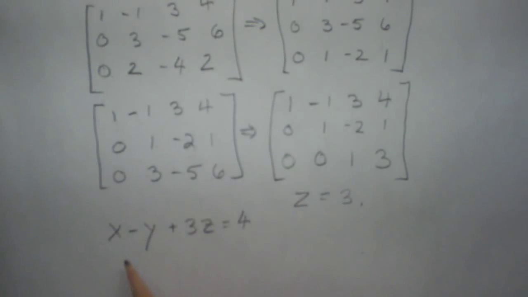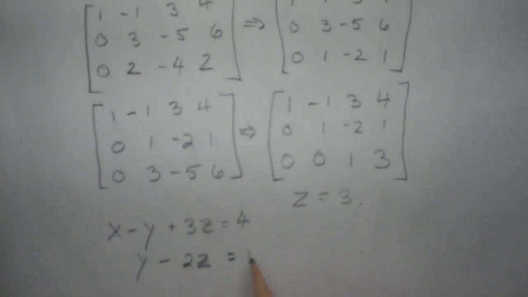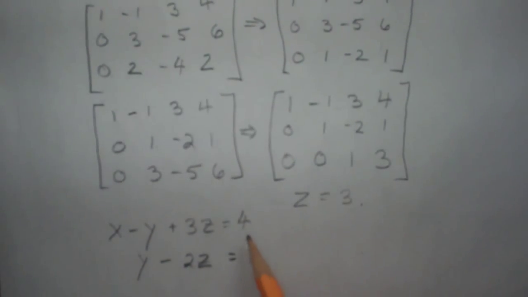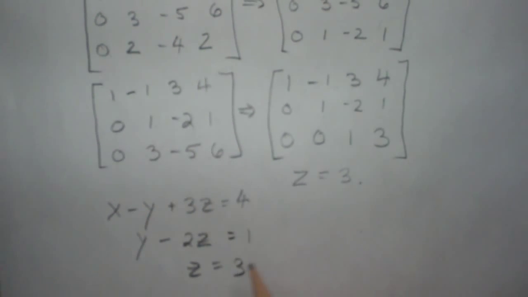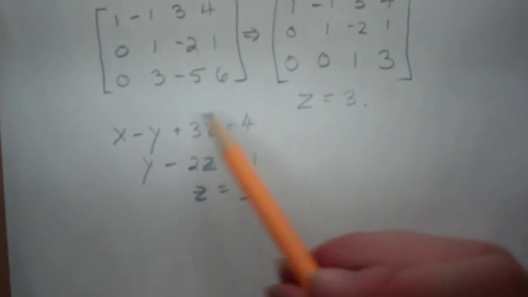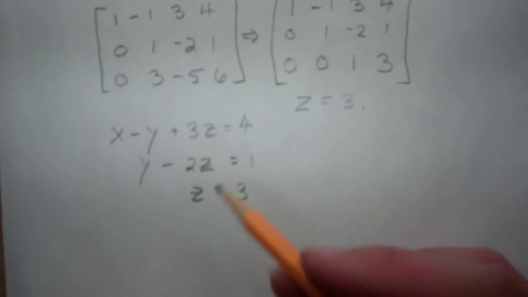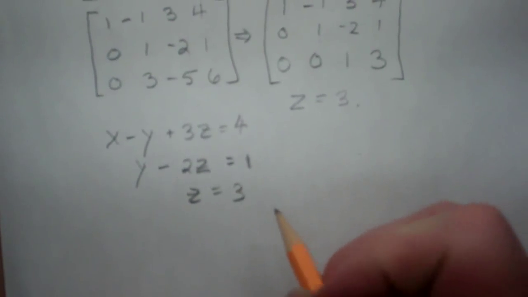The second row is telling us that y minus 2z is equal to 1. The bottom row here, of course, is telling us that z is equal to 3. This is nice. This is in triangular form, which means that back substitution is quite simple. Let's do the back substitution.